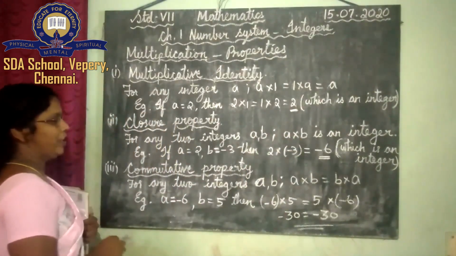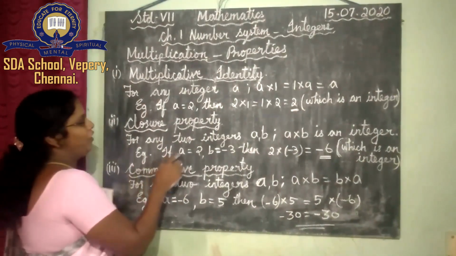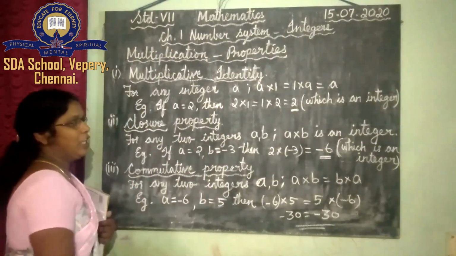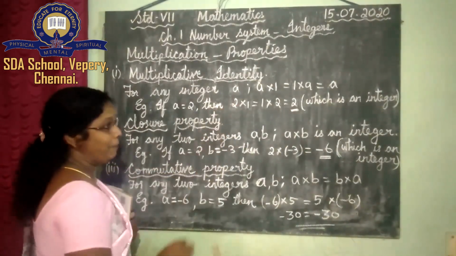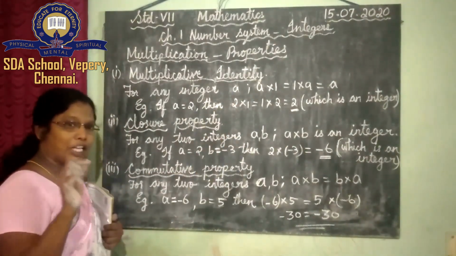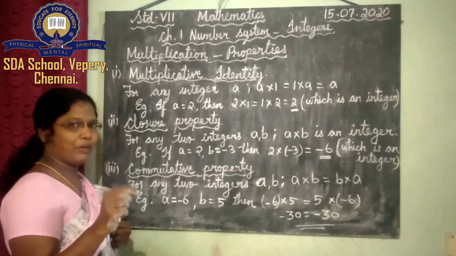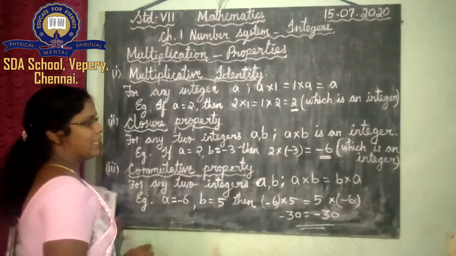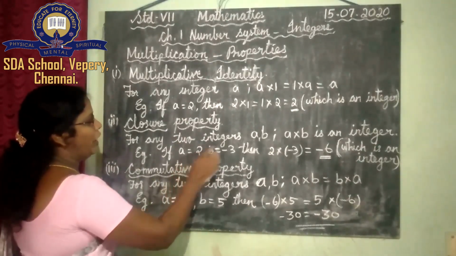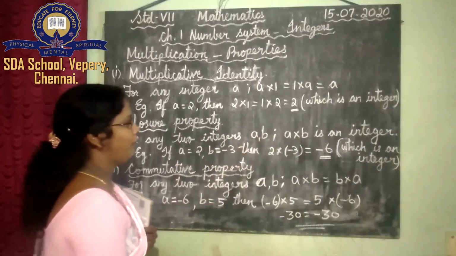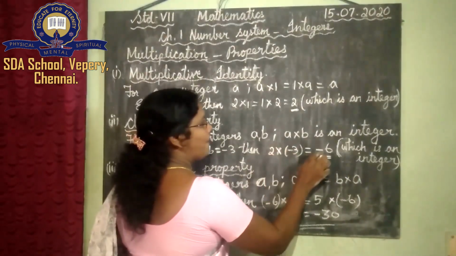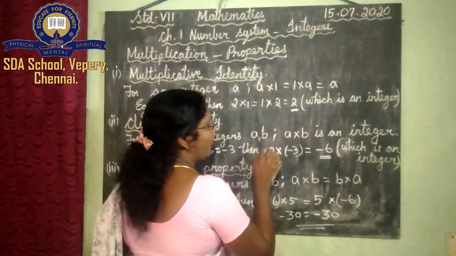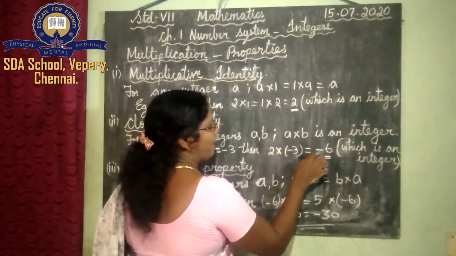How it is satisfied here, you see, for example, if a is equal to 2 and b is equal to minus 3. Here I have not taken only positive numbers. Integer means what? Collection of negative numbers, 0 and positive numbers. So here one number I have taken as negative. So 2 into minus 3 gives minus 6. 2 3s are 6, positive sign, plus into minus is minus.